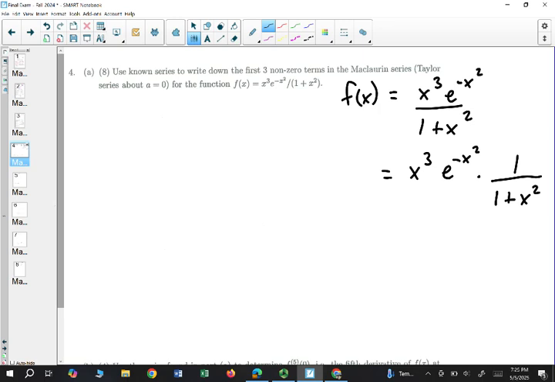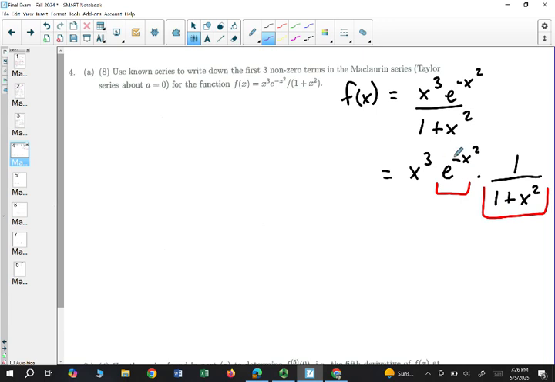This last version is the one that's going to really help me a lot, because I can try to figure out something for this one, and I could try to figure out something for this one, in terms of a Maclaurin series. For x cubed, there's really nothing for it. That's just going to act as a term that we're going to distribute into these.